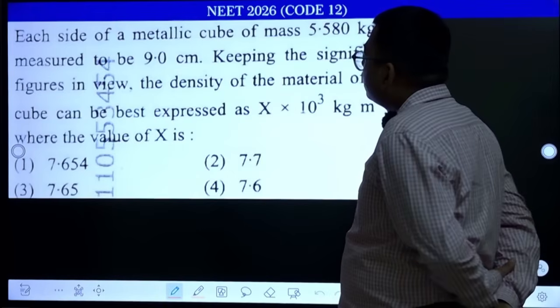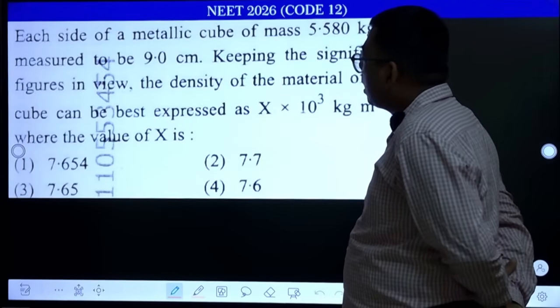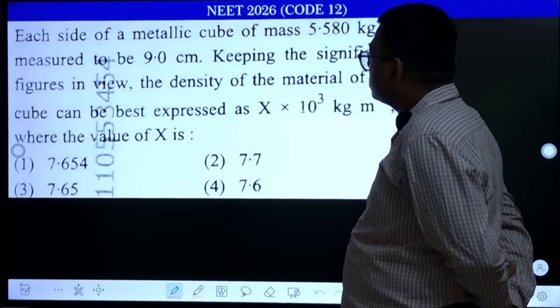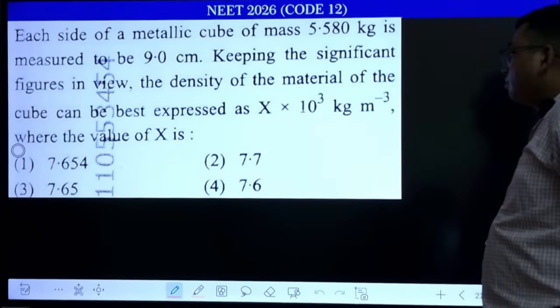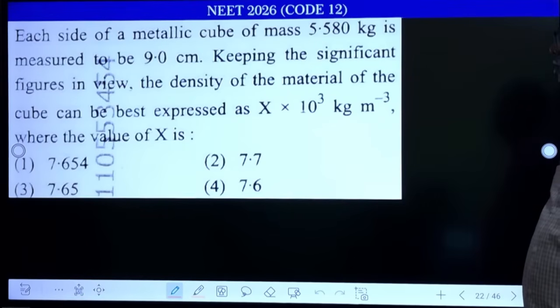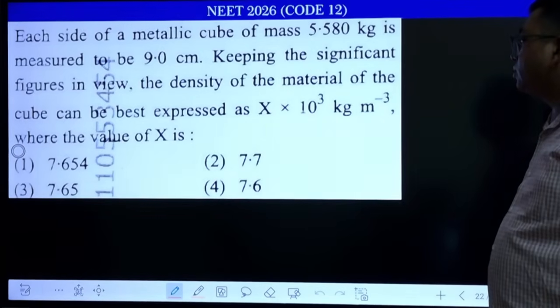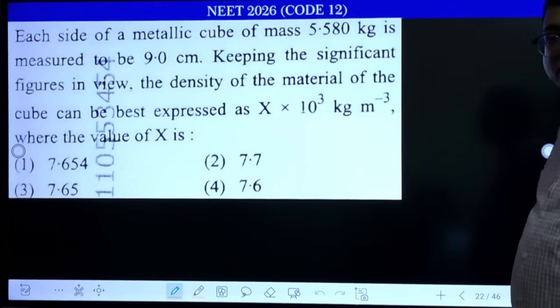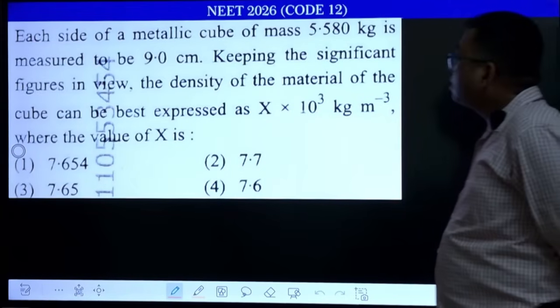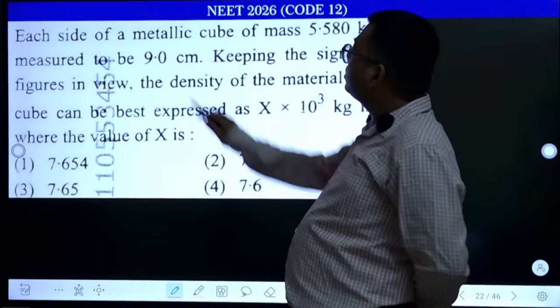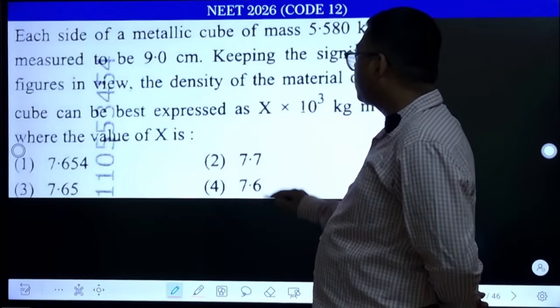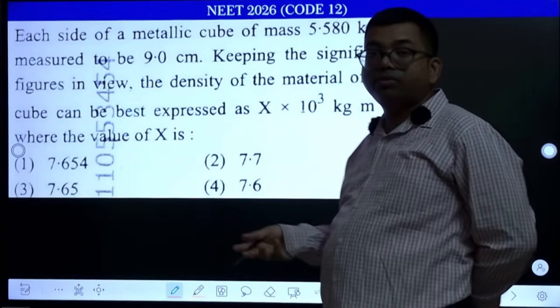Definitely they may not check the decimal places, because if they talk about decimal places, then here the minimum decimal place is after one, so there may be possibilities of this, and who is going to do this calculation?